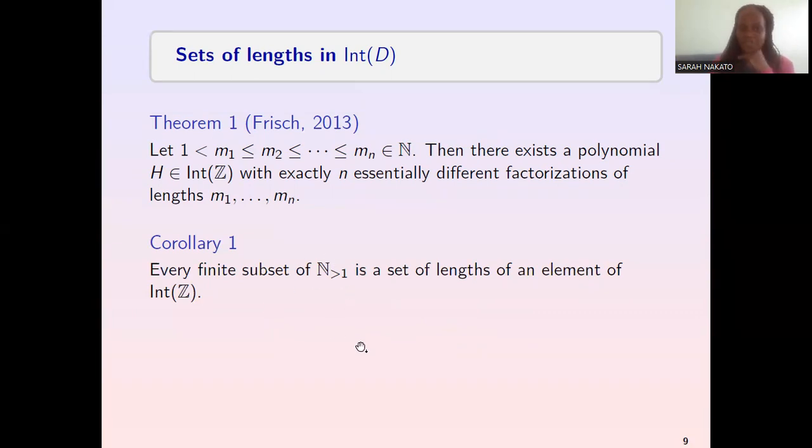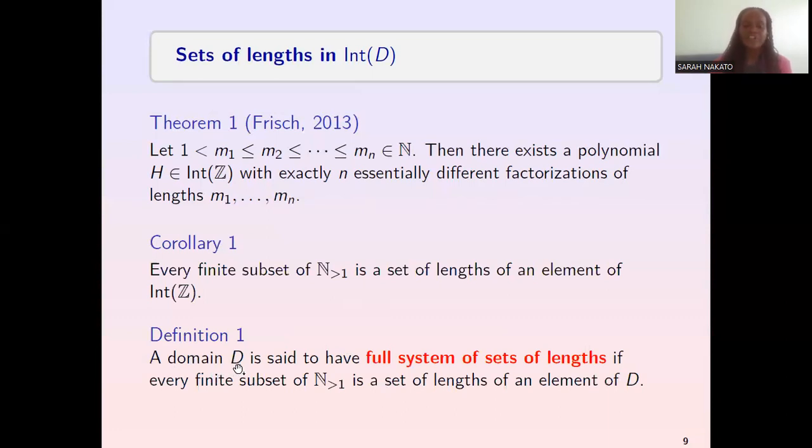This is a celebrated result in factorization theory. Today, the domains D which have this behavior are said to have a full system of sets of lengths. In particular, a domain D is said to have a full system of sets of lengths if every finite subset of natural numbers greater than 1 is a set of lengths of an element of D.